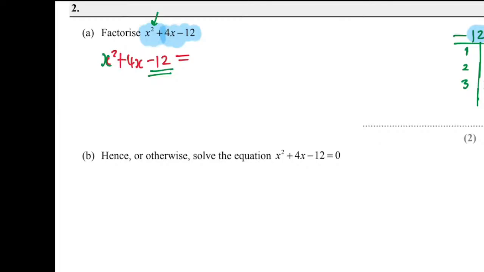So here's what I'm saying now if you're listening. Right. This is a negative 12. You now look at this. Whenever you see yourself having a negative value here, just know that these numbers have to have different signs. Okay? I didn't say they need to be positive or negative. I said they need to have different signs. So the 1 and the 12 should not have the same sign.